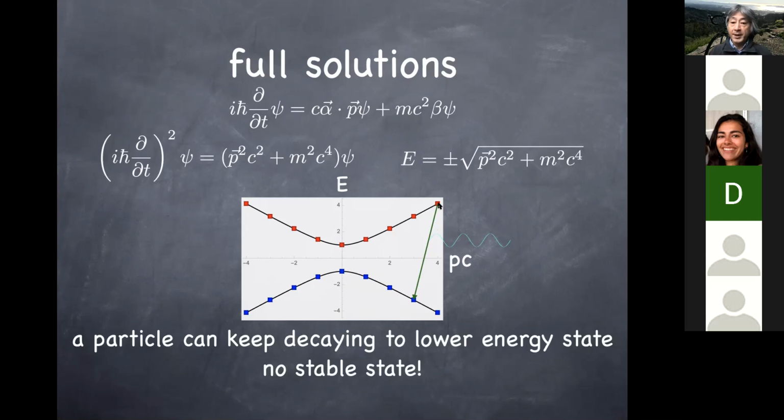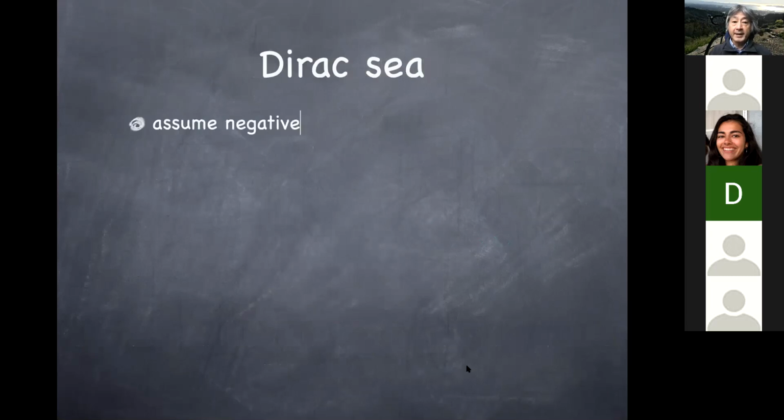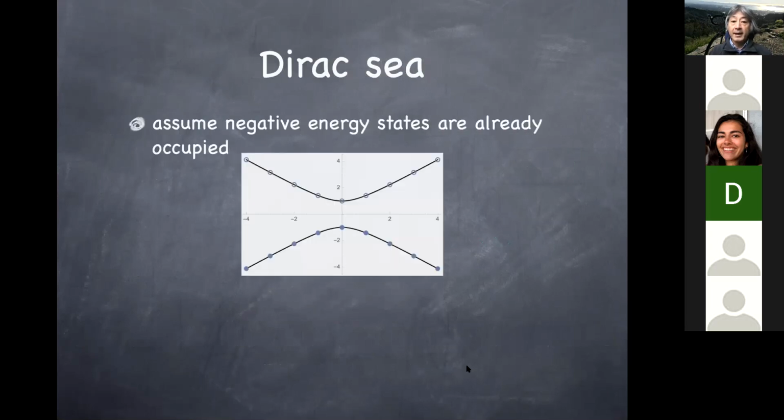We don't want a positive energy solution to decay into the negative energy state. So let's say all these negative energy states are already occupied. If that's the case, then a positive energy state cannot decay into a negative energy state because it's already occupied, by the Pauli exclusion principle. So that's the way he managed to avoid this catastrophe with his equation.